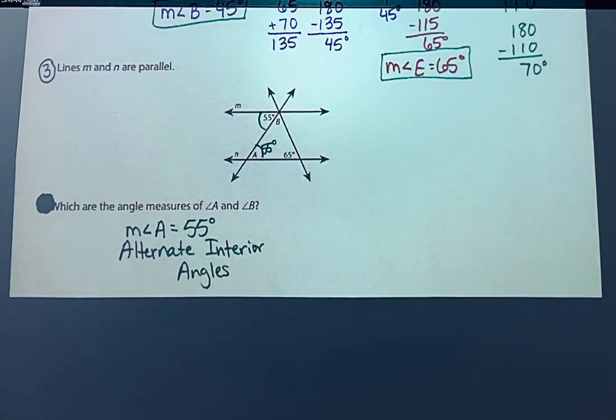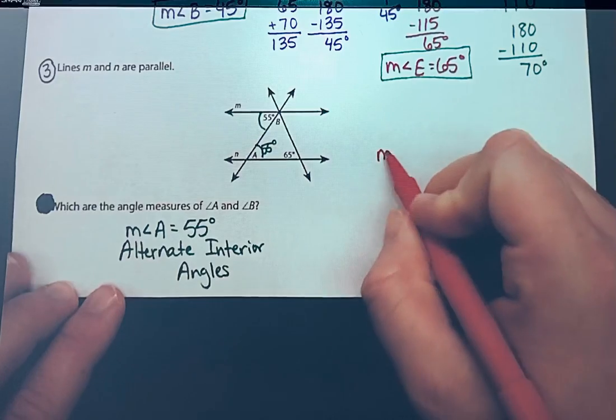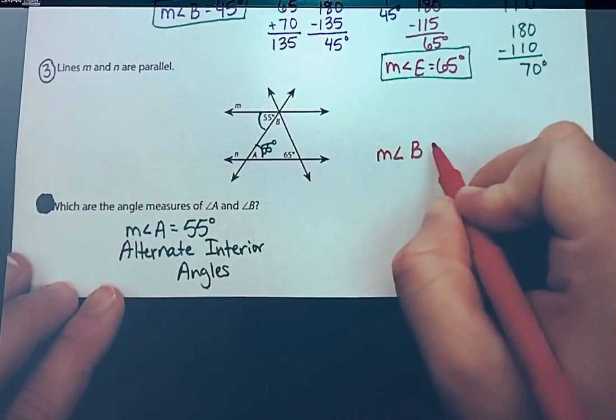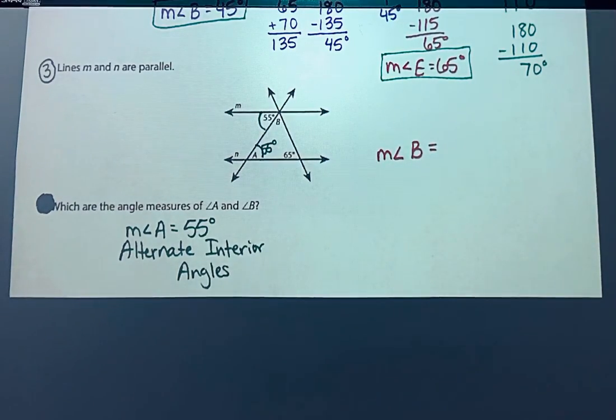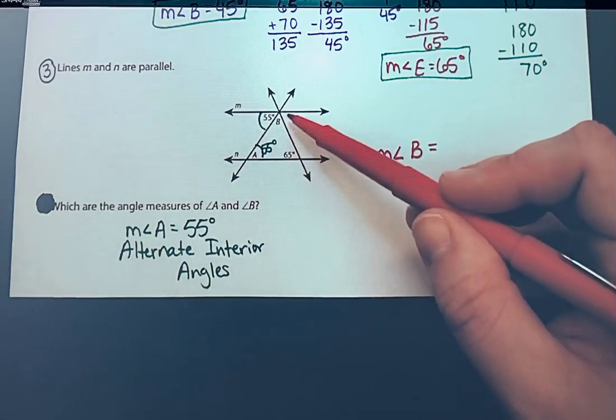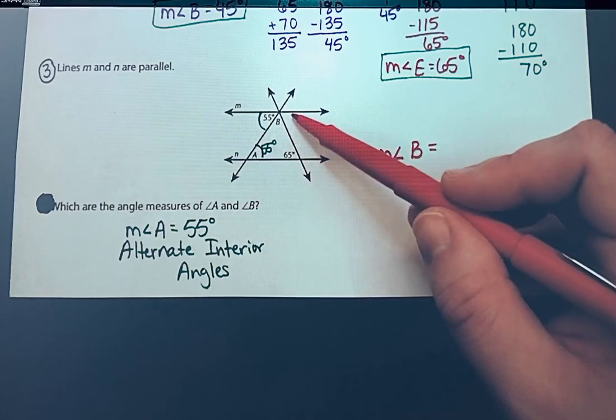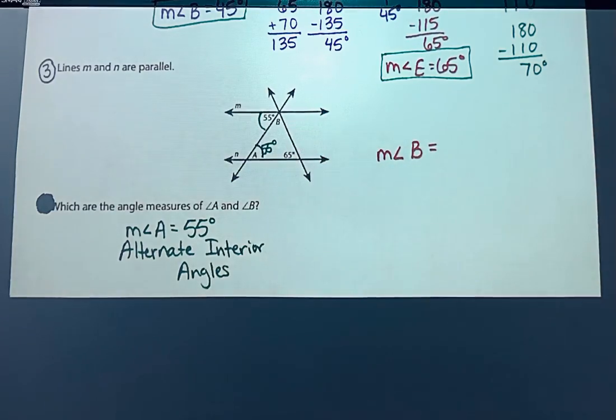Now, finding the measure of B. There are two different ways to find the measure of B. I'm going to use the triangle method because we are on triangles this week. Last week, we worked this problem and we used alternate exterior angles, found that this angle matched this angle, and we went from there.